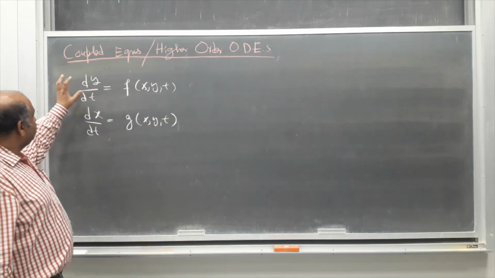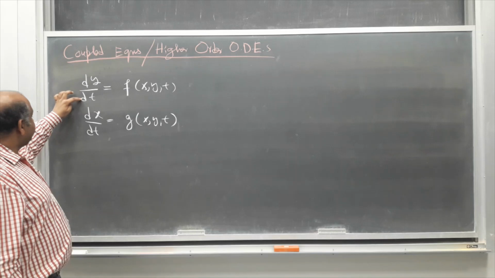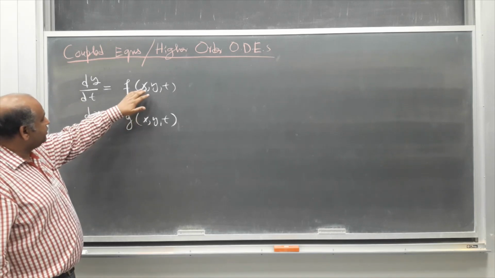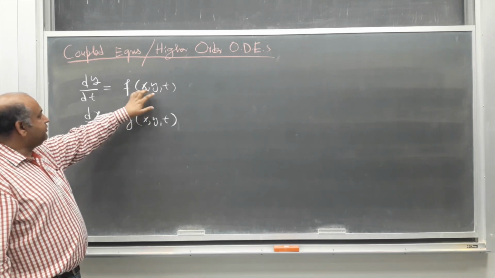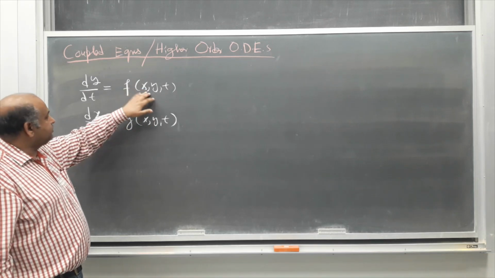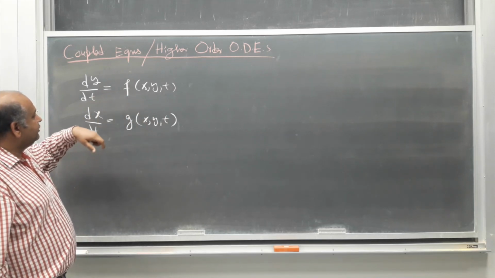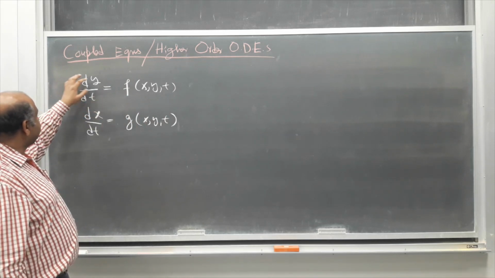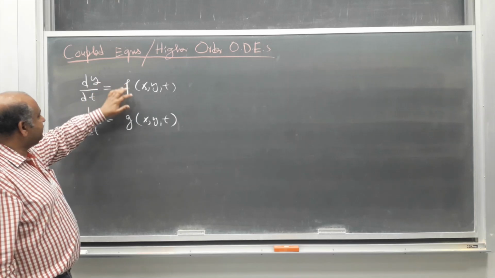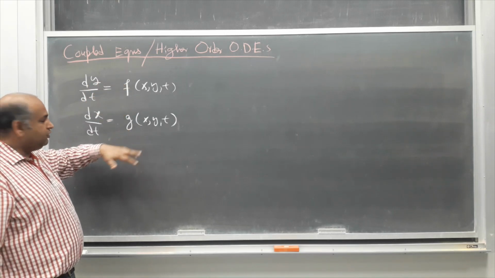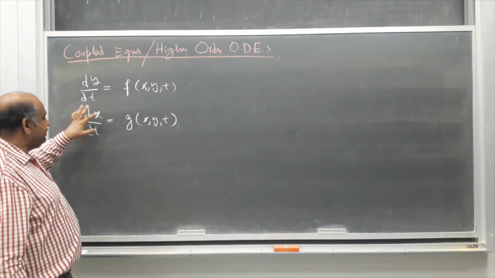In this equation there is only one dy by dt, and here there is only dx by dt on one side, and there are no derivatives on the right side, but the function can have x, y, and t. And if you get a system of equations where you have, let's say, dy by dt and maybe dx by dt also in this equation, and in the other equation you have dy by dt and dx by dt, etc.